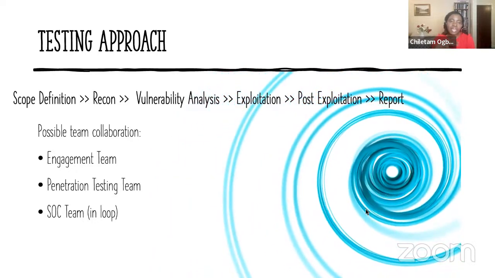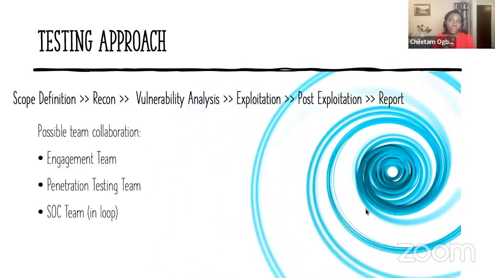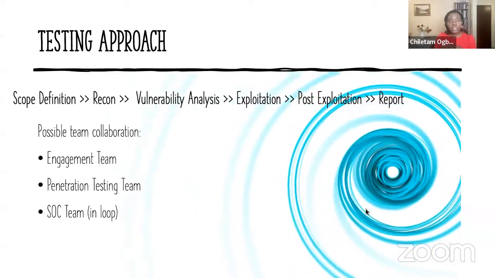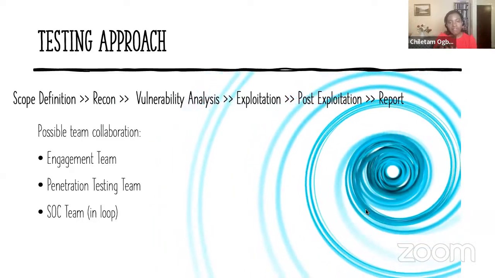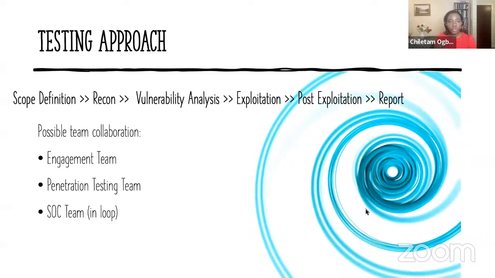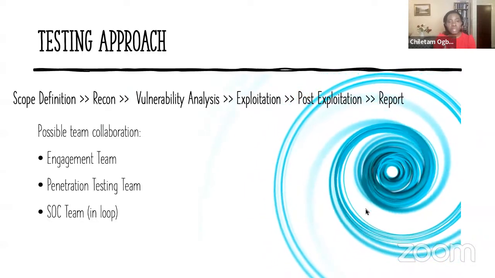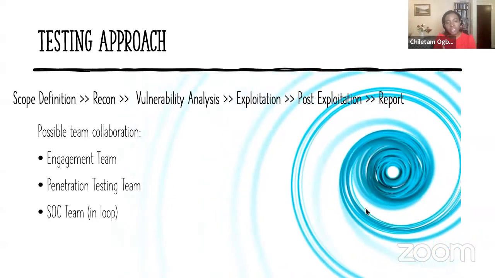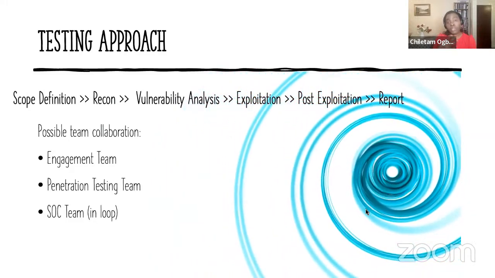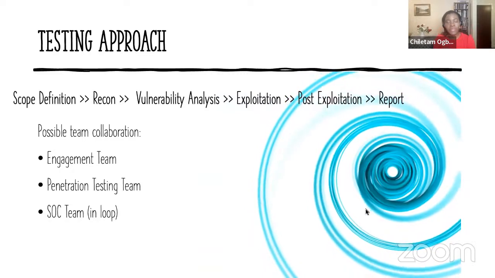I have a couple of tools that I'll mention in the next slide that I use to ensure that those tools give me more information without me actively poking at the application or product. Then it moves me to the next stage where I exploit the system. And also, once I'm done, I have some post-exploitation processes in place.